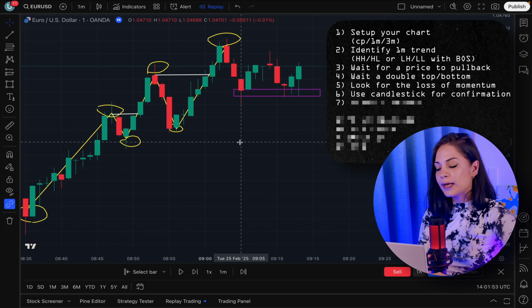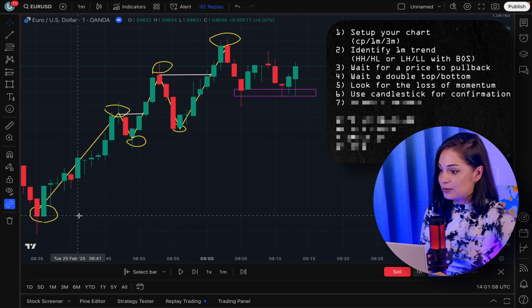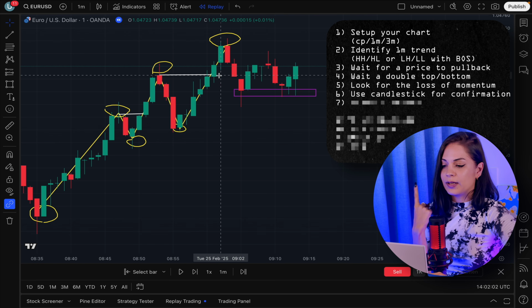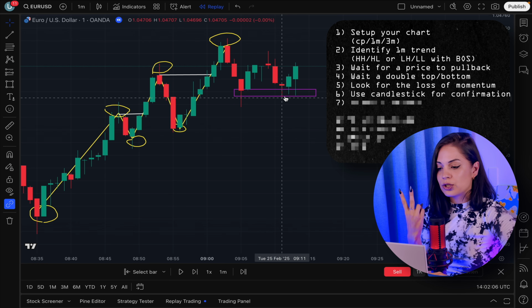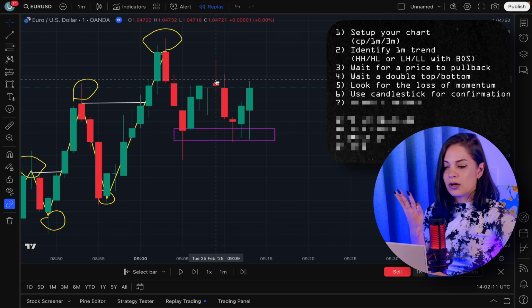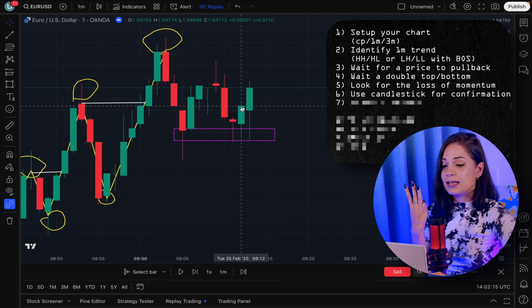So when we have that confirmation as well, we will enter into a deal. But let's see how we're going to do that. First of all, we see an uptrend, right? The price is moving upwards. Then we see the support zone, the zone from which the price is jumping upwards. Then finally we saw the loss of momentum, looking at candlesticks, and we see the reversal pattern, one of them.